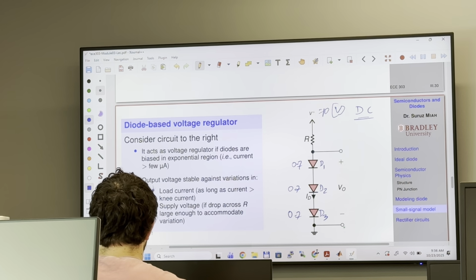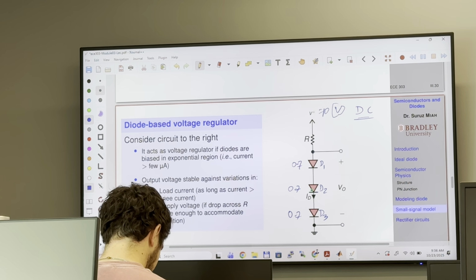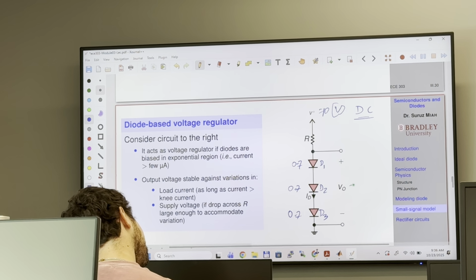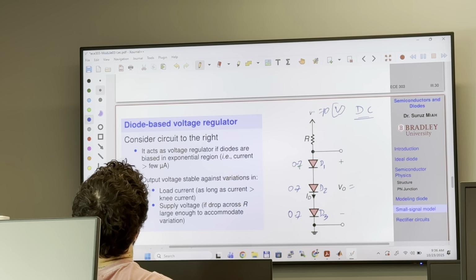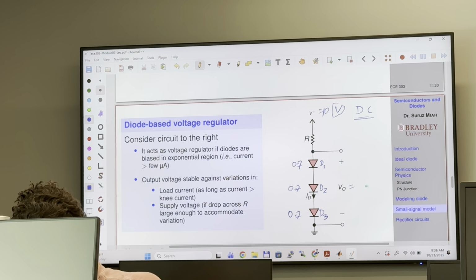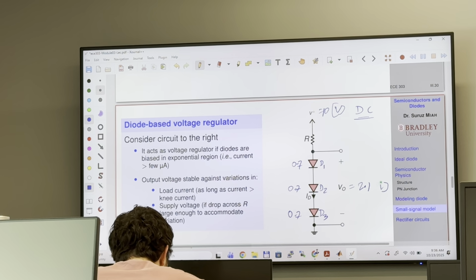So you can think of this as 3 voltage sources connected in series. What will be the total? It is not 7.9. 0.7 plus 0.7 plus 0.7 is 2.1. It is 2.1 volt.